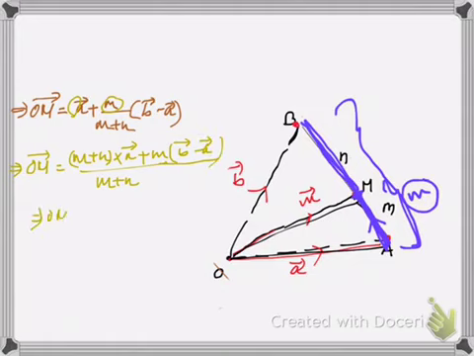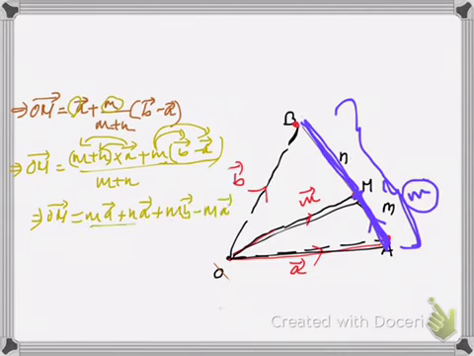Once again I can write OM. Now if I distribute this vector a, I have m vector a plus n vector a plus, if I distribute m, I have m vector b minus m vector a, divided by m plus n.